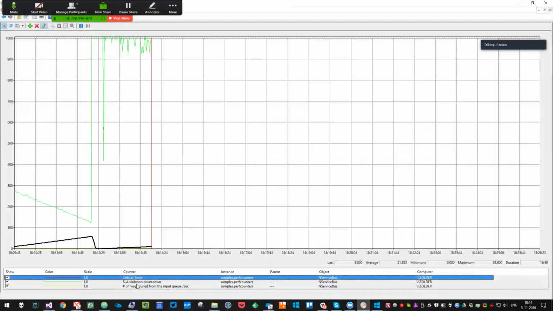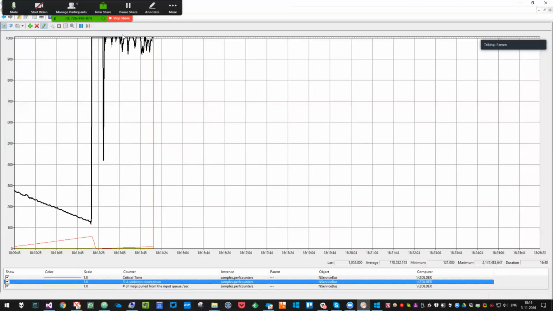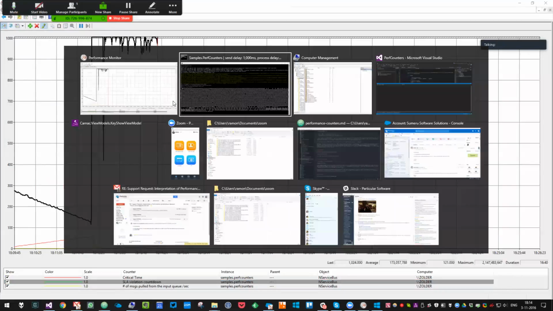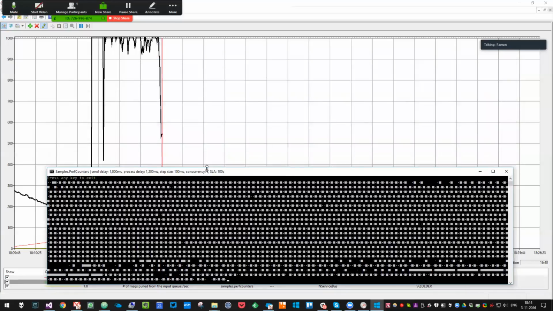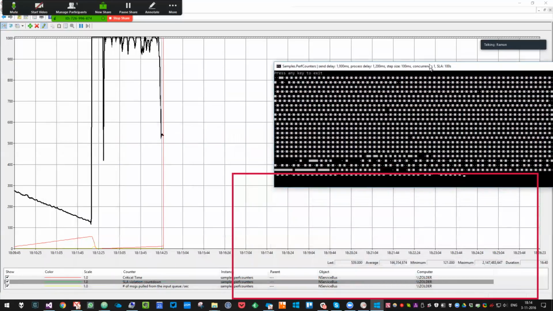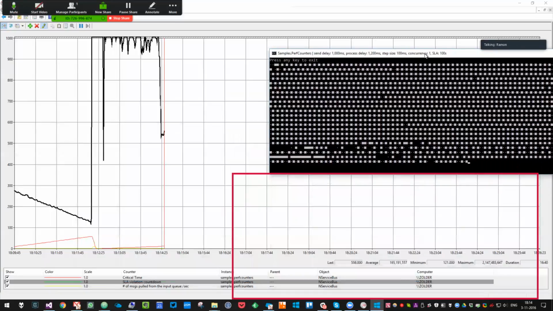So if we take a look at our SLA violation countdown, we already see that it's more or less declining. We can increase the process delay even a little bit more. And now we can see that this really has an impact.